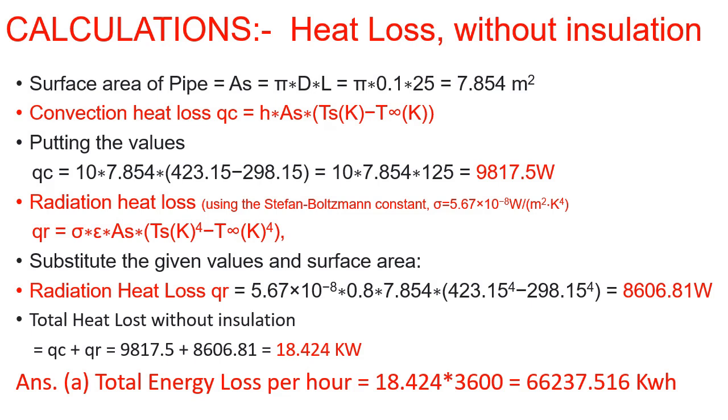Then for calculation of radiation heat loss, we use the Stefan-Boltzmann constant rho, which is equal to 5.67 times 10 to the power minus 8 watt per meter square per degree Kelvin to the power 4. The formula is Qr is equal to rho into sigma into As into the temperature difference to the power 4.